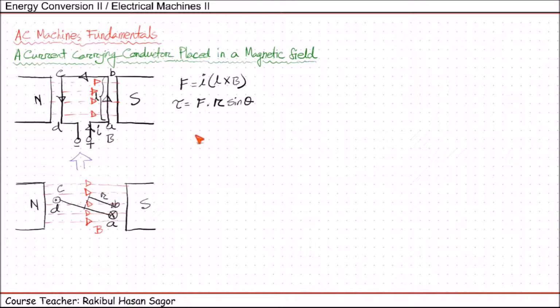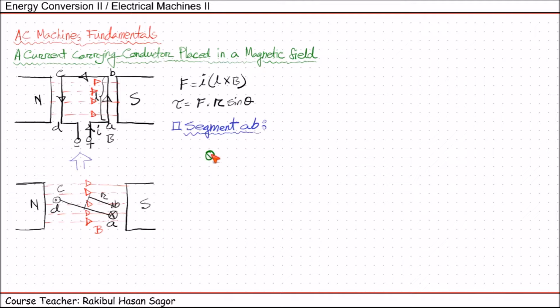Now we'll figure out the force and torque for each segment of the wire so that it becomes very clear to you how it's operating. First, we'll start with segment AB. In this section, the direction of the current is into the page.